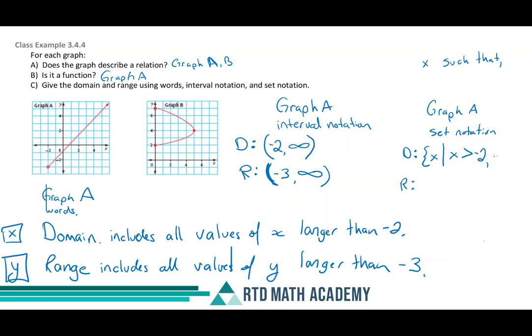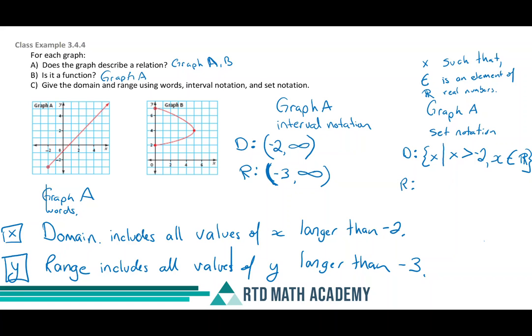So we say that X, we give this weird E. It's not an E. Please don't say an E. It's an element. It says is an element of. And we say the real numbers. Now, I know we've seen this symbol before, the real numbers.